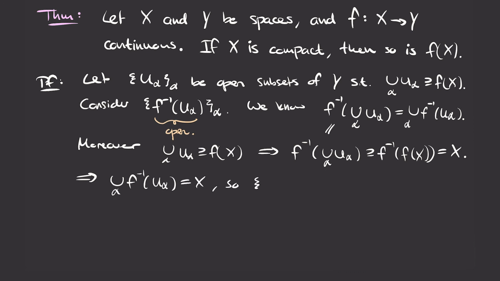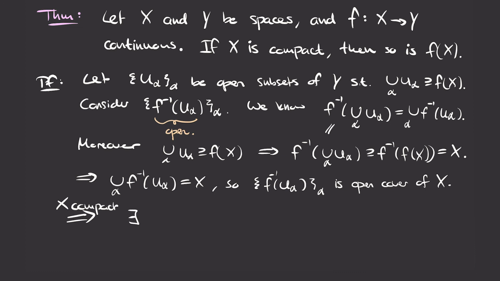So this new collection consisting of the pre-images of the U alphas is an open cover of X. All right, now because X is compact, we know that there exists some finite subcover of this open cover consisting of the f inverse of the U alpha k.